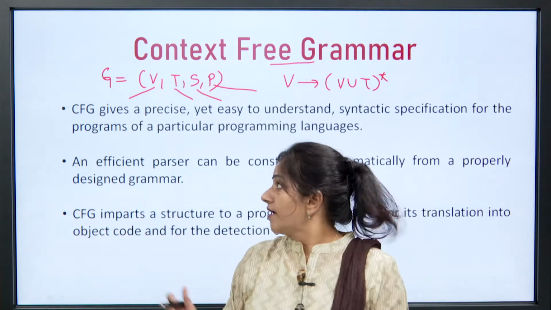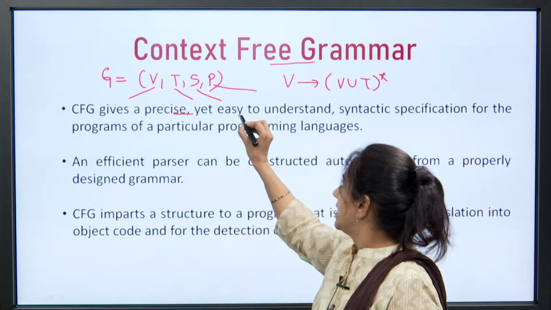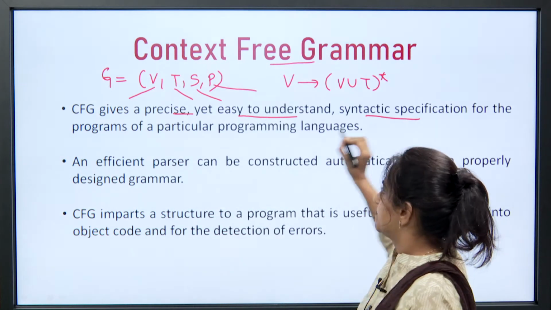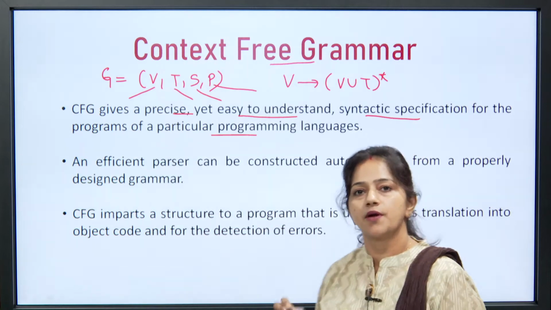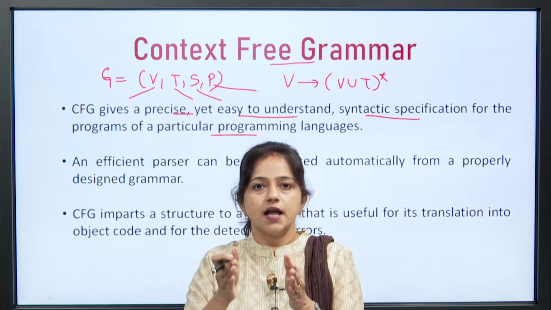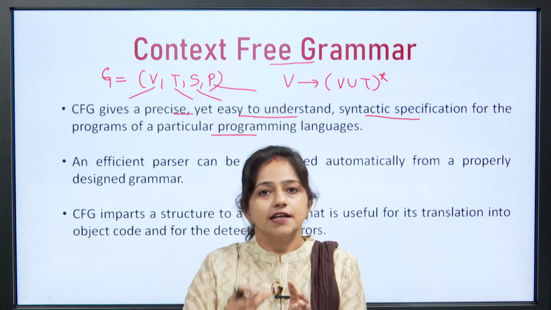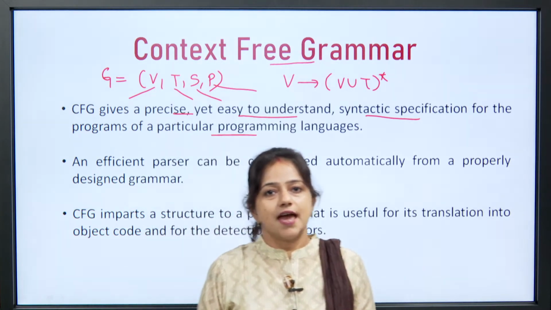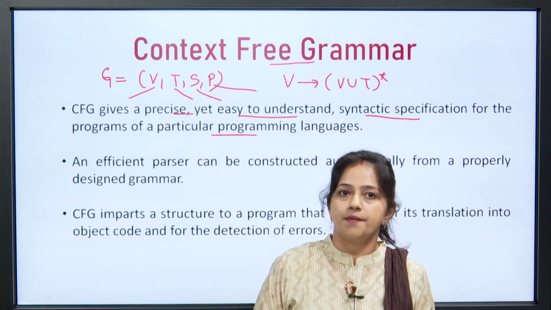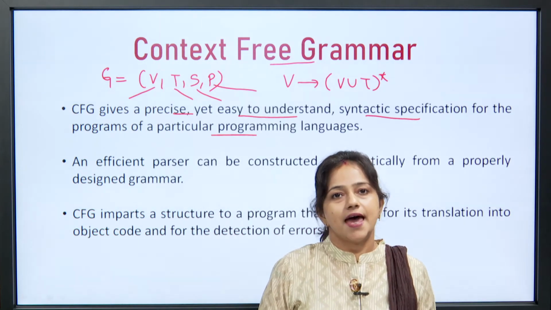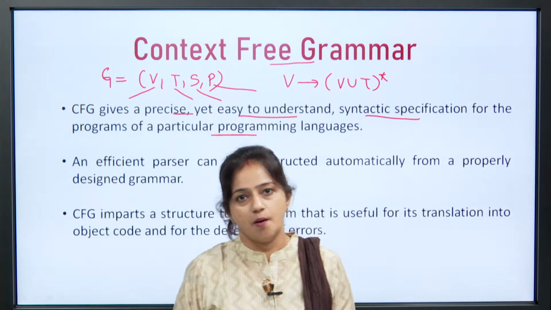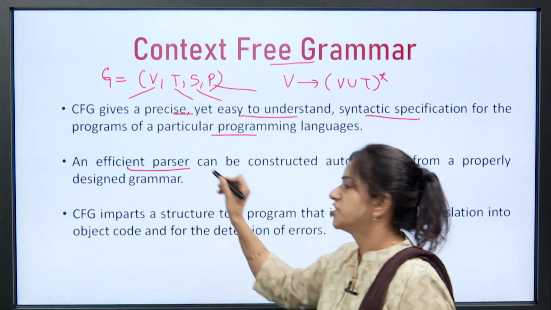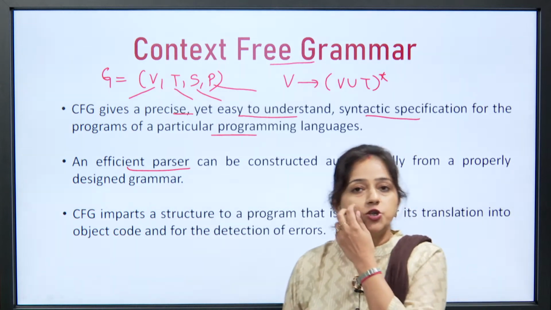Context free grammar gives precise and easy to understand constructs to specify the syntactic specification of a particular programming language. If we are talking about any programming language, we need to define syntactic constructs, and these constructs can be defined using context free grammar because it provides a precise and easy to understand form. Next, context free grammar produces an efficient parser. The parser should be efficient.